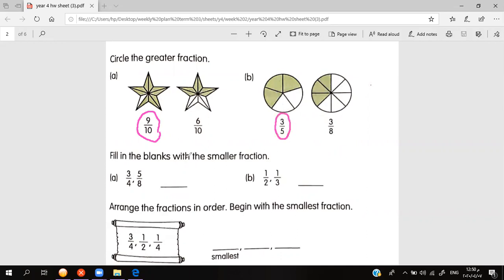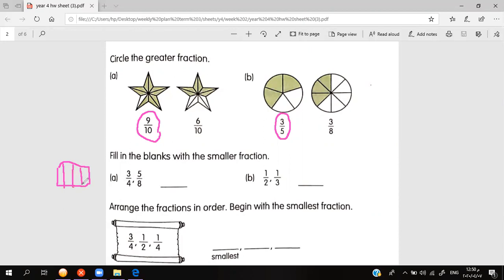Okay, what about here? Fill in the blanks with the smaller fraction. Some of you might be able to visualize it like that. 4 parts.